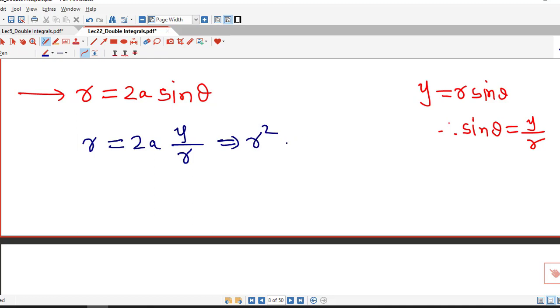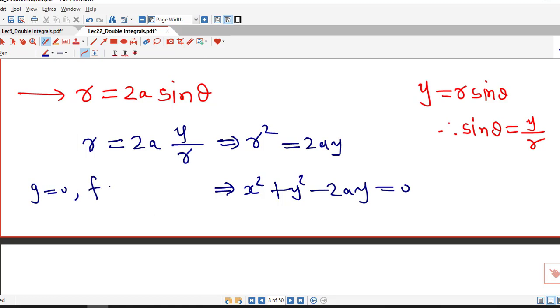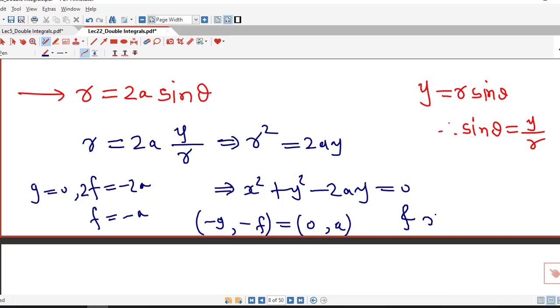This implies r square equal to 2ay, and this gives me x square plus y square minus 2ay equal to 0. If we compare with the standard form, we obtain g equal to 0 and 2f equal to minus 2a, that is f equal to minus a. So the center of this circle is (minus g, minus f), that is (0, a), and the radius is the same, r equal to a.